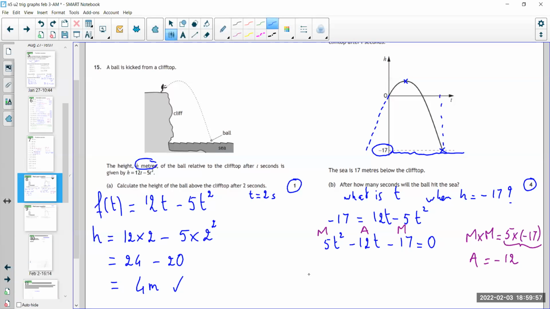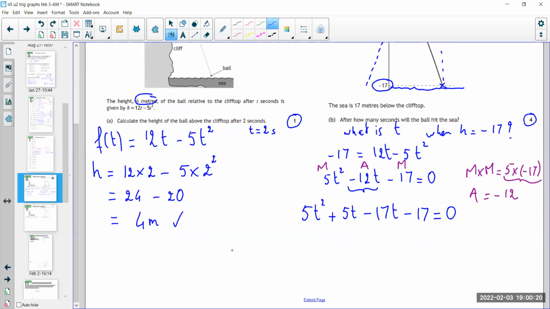Very good. So 5t squared plus 5t minus 17t minus 17 equals 0. Those two numbers, 5 and negative 17, I'm using them and I've just replaced that negative 12t, because now I've got what we call a common factor that will help me to factorize that first part and that second part.